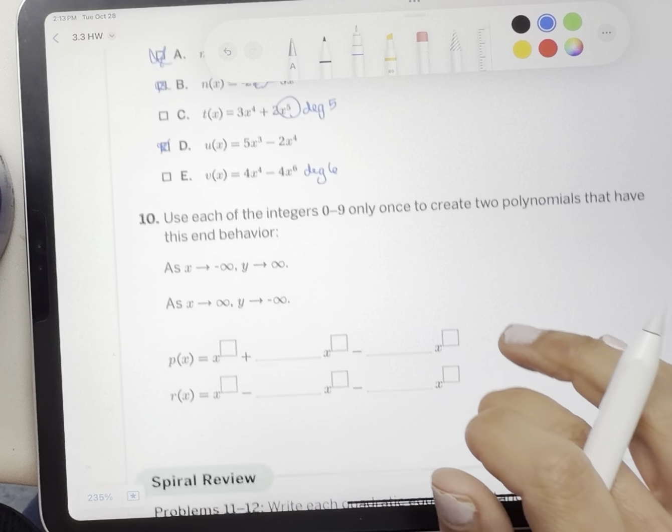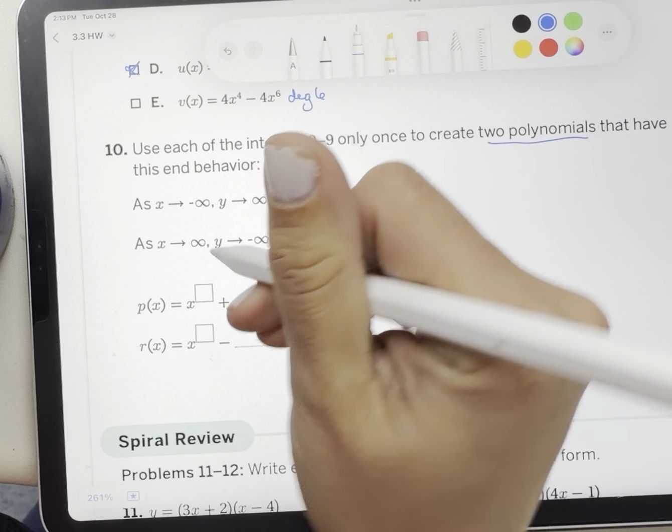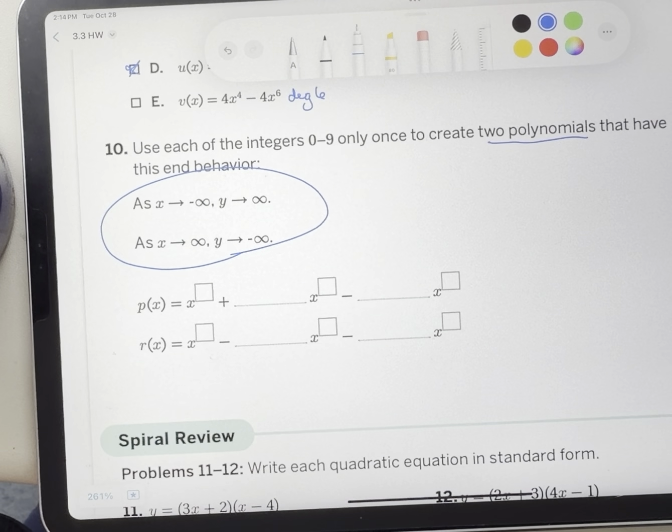Okay, this one. The one where we get to use the digits from 0 to 9 only once. We want to create 2 polynomials that follow this end behavior.